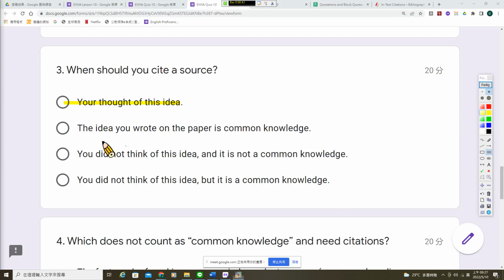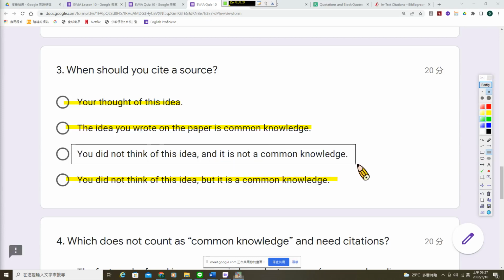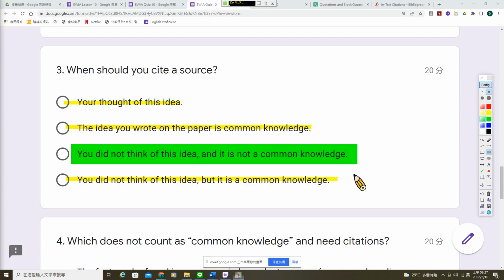And if the idea you wrote on the paper is common knowledge, of course, you don't have to. If you did not think of this idea, but it is common knowledge, you don't have to. But this one, definitely. You did not think of this idea, and it is not common knowledge.